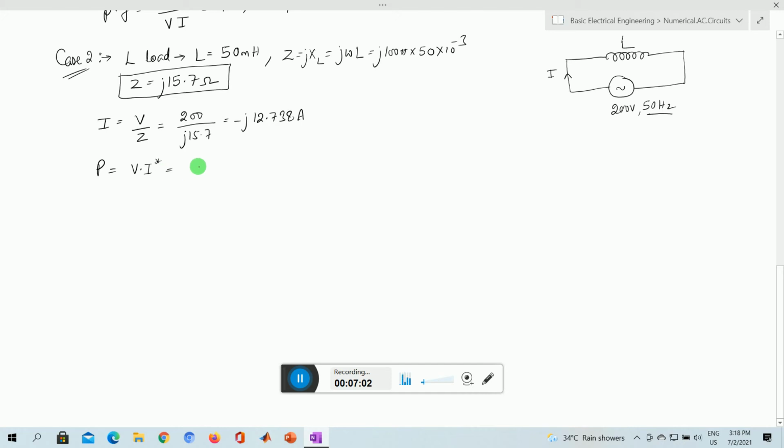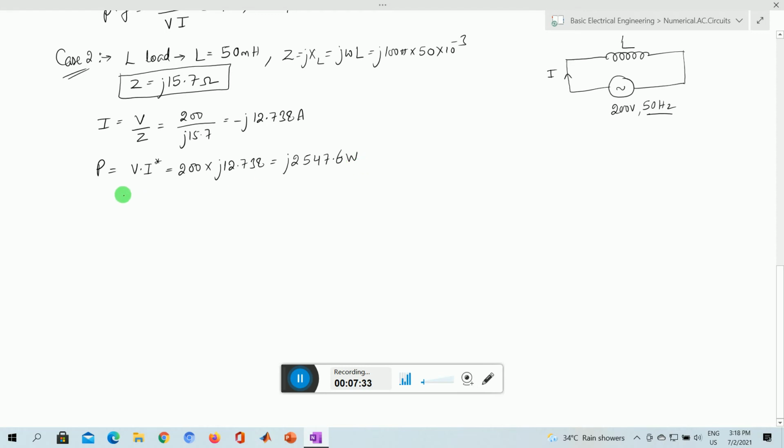If I multiply VI star, I am going to get 200 into I star, the complex conjugate of the value of the current. It is minus J, so it will be J times 12.38. So together it will be J, that is an imaginary value, a reactive value we can say, 47.6 watt.